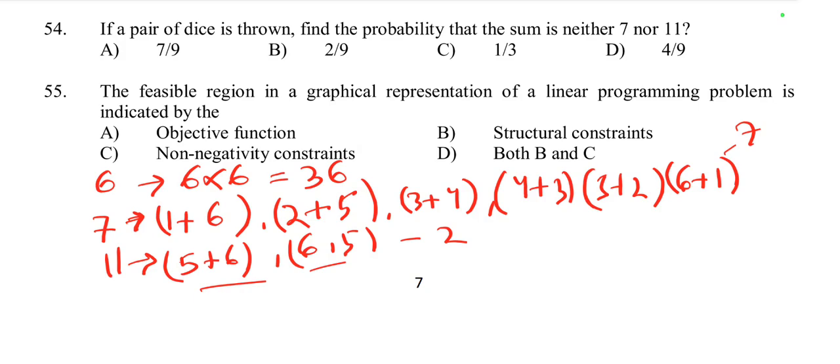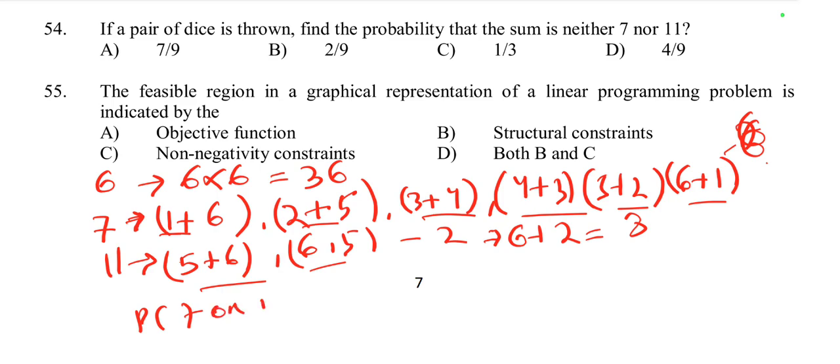So here the total outcomes of the sum of 7 and 11, that is 6 plus 2 is equal to 8. So total favorable outcomes is 8. Then the probability of the sum being 7 or 11 from a 2 dice roll is total favorable outcomes by total outcomes.